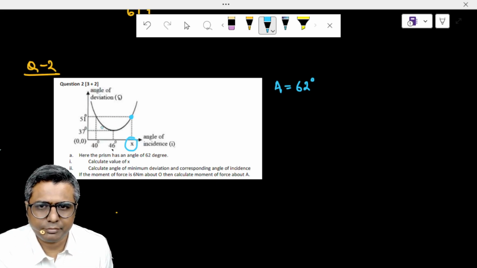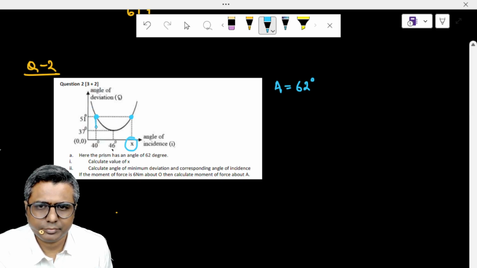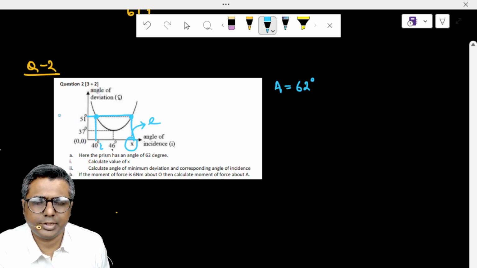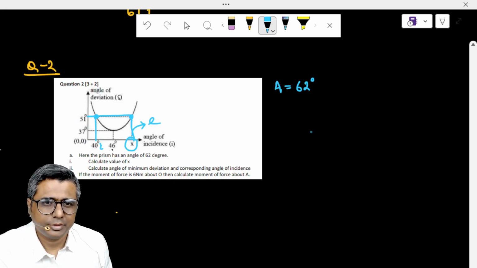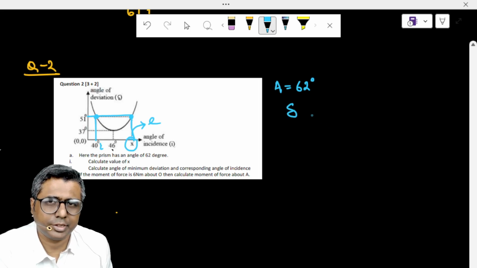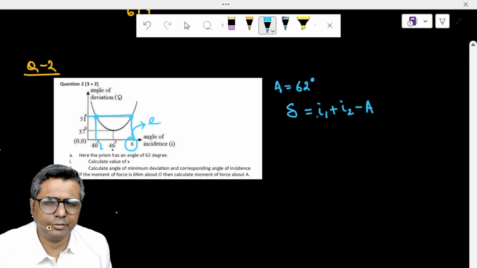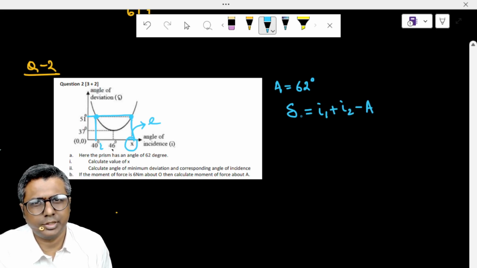So this part is the angle of incidence, that is I1, and this one is denoted by emergence. When you draw a horizontal line like this, for a certain angle of deviation, the formula was I1 plus I2 minus A. Everybody is very well conversant with this one.